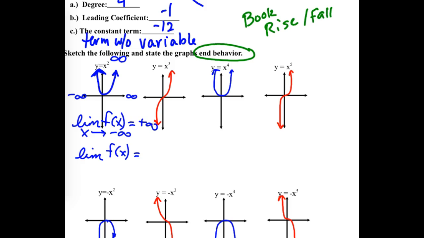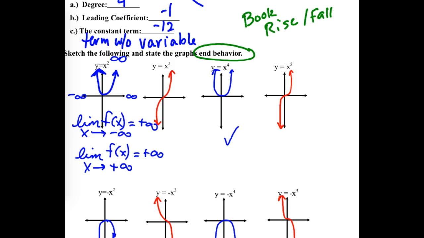When we go far to the right, so x here is approaching positive infinity, then our graph is still pointing up towards positive infinity. Okay? Now, that notation, that same thing I just wrote, would be the same for this one. Because the arrows are pointing in the same direction.